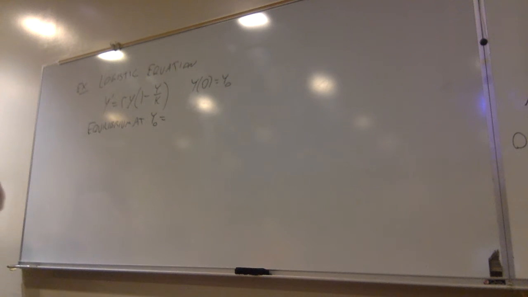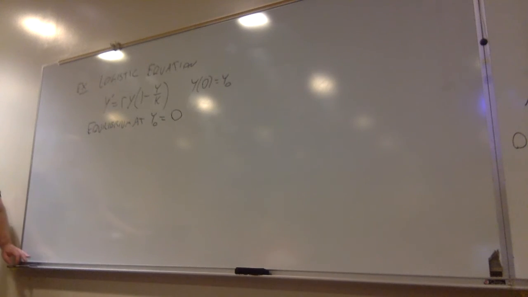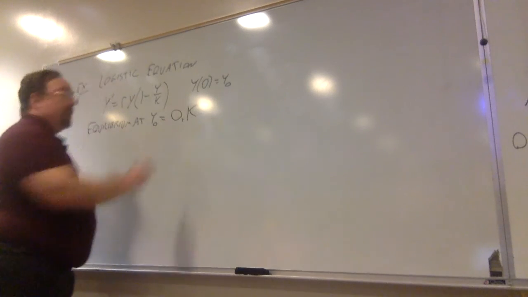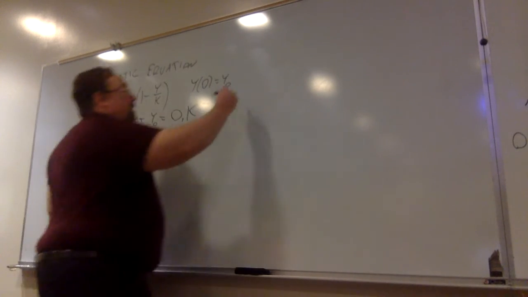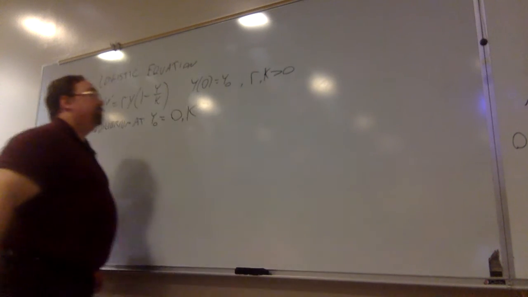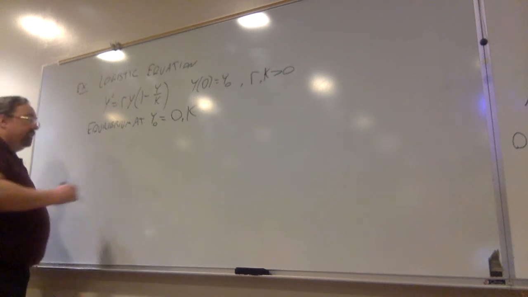Yeah, certainly 0 for this factor right here. And what's the other one? K. Yeah. Okay. And these are the assumption, r and k are both positive in this case. All right. So we have two equilibrium solutions.